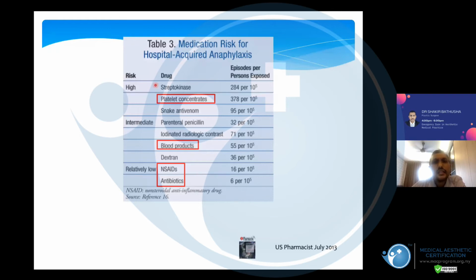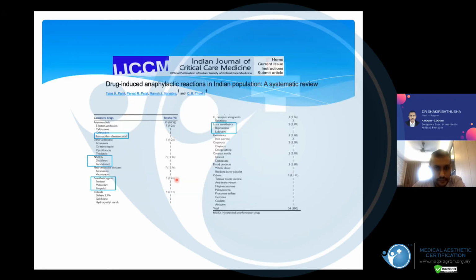These are the other things which are high risk of anaphylaxis in hospital-acquired anaphylaxis: when you use platelet concentrates, parenteral antibiotics, blood products, or some forms of analgesics. You can go and look at the Indian Journal of Critical Care Medicine. It gives you a list of drug-induced anaphylaxis seen in the Indian population.